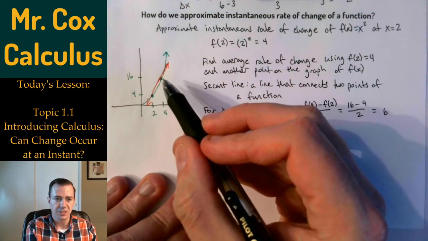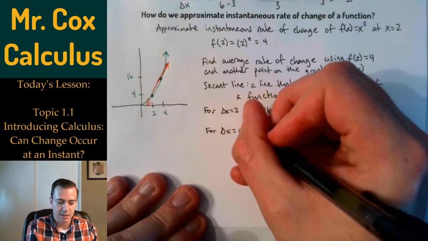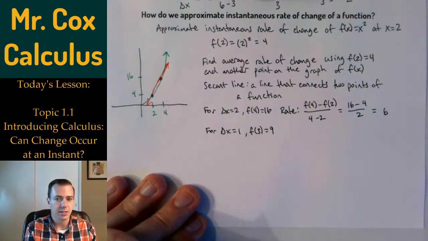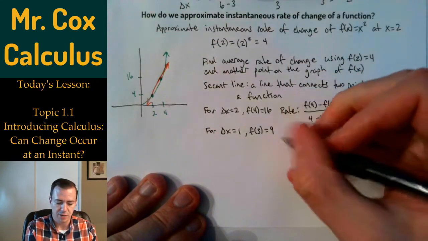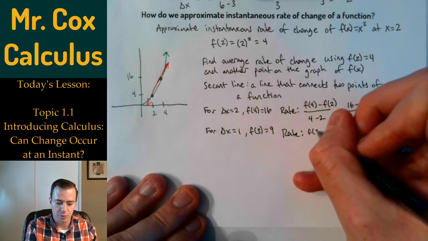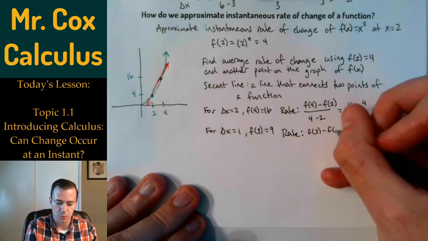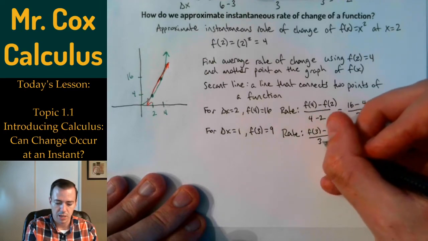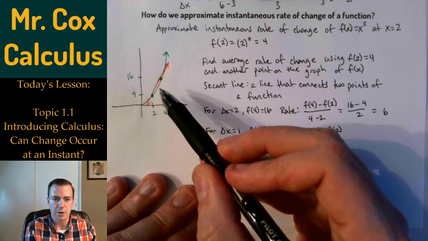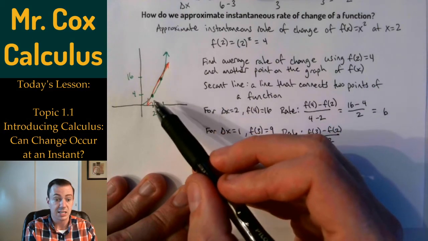So rather than using the point (4, 16), I'm going to use the point f of 3 is equal to 9. And then I'm going to apply this same rate of change formula. So I'm going to do f of 3 minus f of 2 over 3 minus 2. So I'm still using the point (2, 4), but now I'm just bringing this (4, 16) in closer.